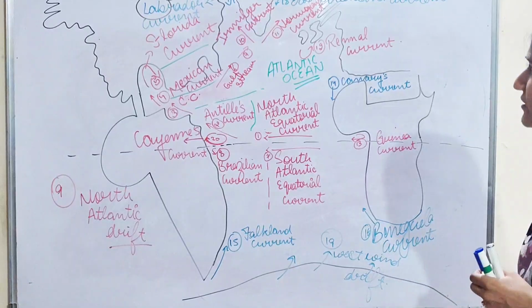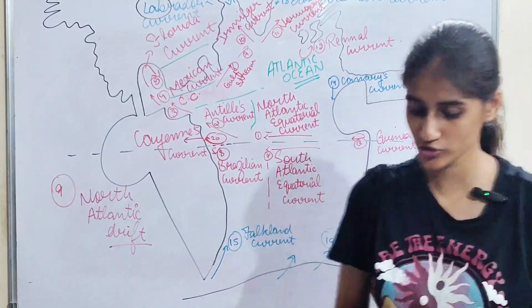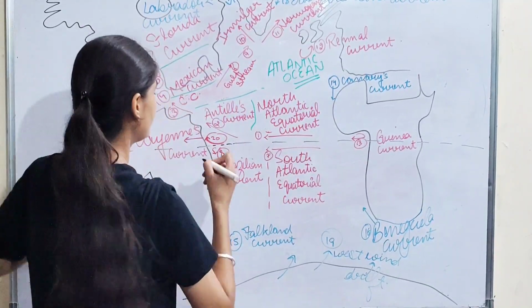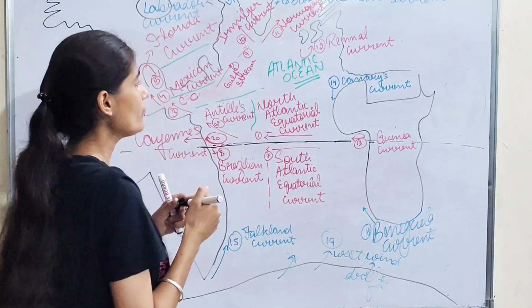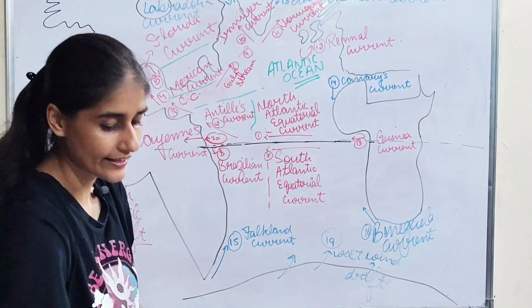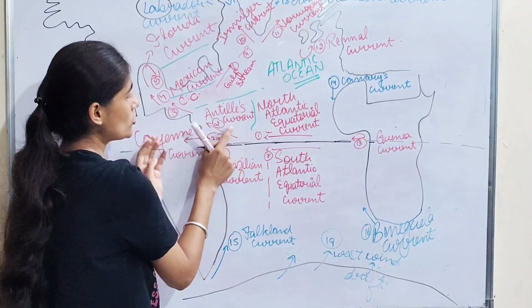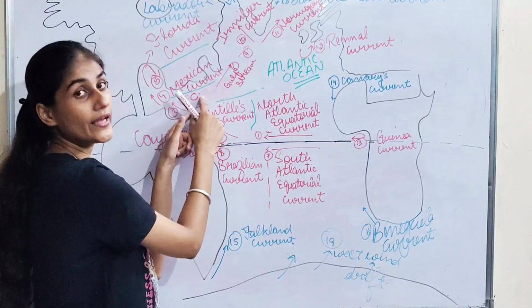It's a little massive. It's a little, very confusing, but I can help you out. Okay. So the first is the North Atlantic Equatorial Current, above the equator. Second is this one, the Antilles Current. The third is the Caribbean Current.